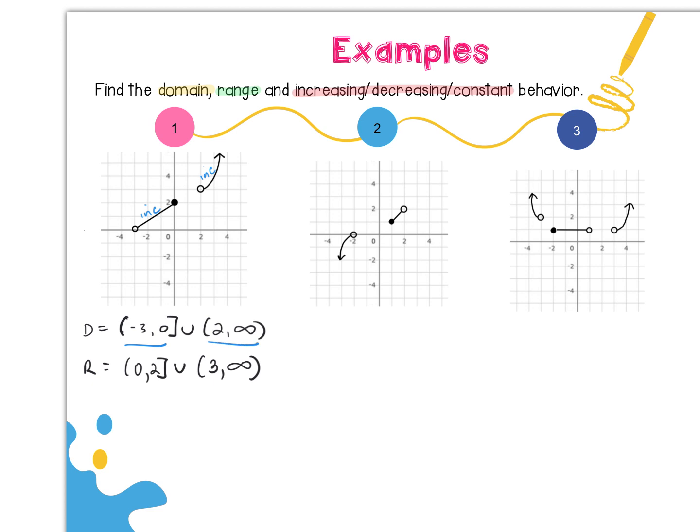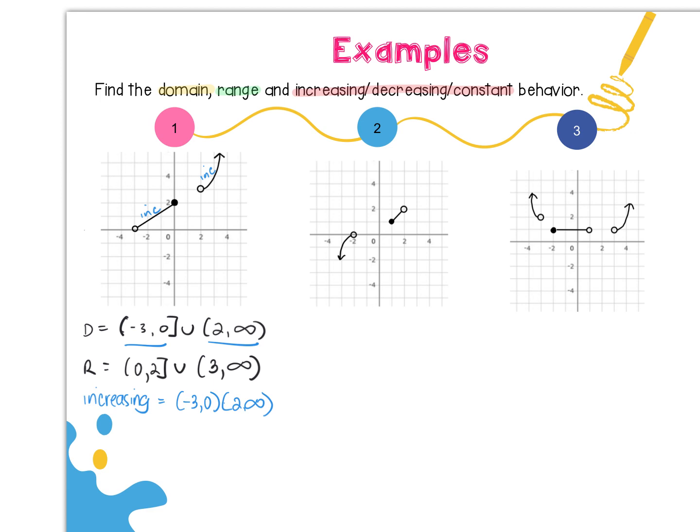The only difference is that when I write that it's increasing or decreasing, I don't use brackets at all. So it's increasing from -3 to 0, and it's increasing from 2 to infinity. I don't need to put the union there, and I don't need to put the parentheses. But those are the two parts where it's increasing. And then decreasing, it's not decreasing at all or constant in this picture.